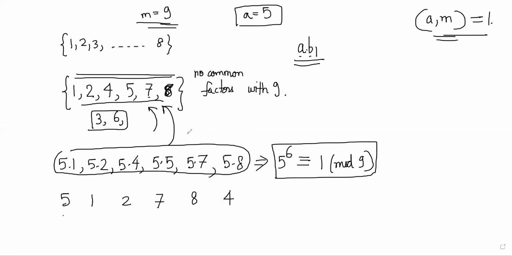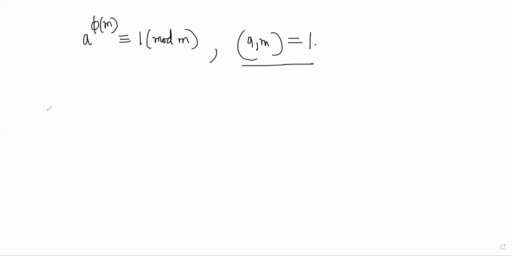Then what we need to figure out. So far what we have gotten is this result, Euler's formula: a power phi of m is congruent to 1 mod m, where a and m have GCD 1.